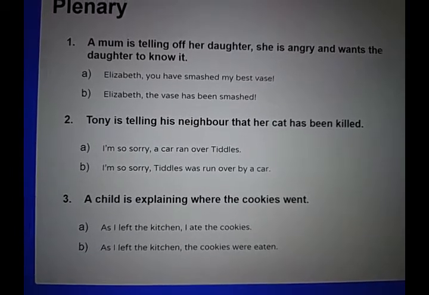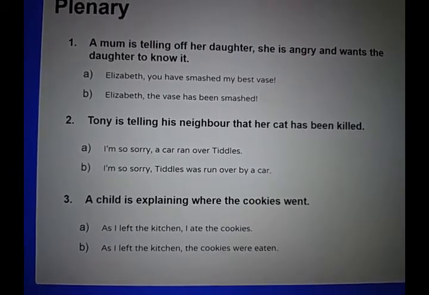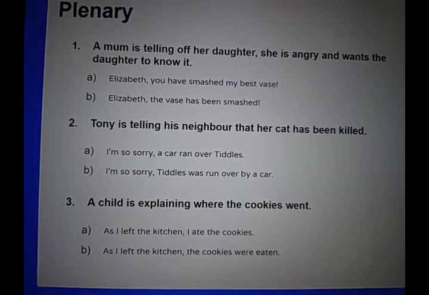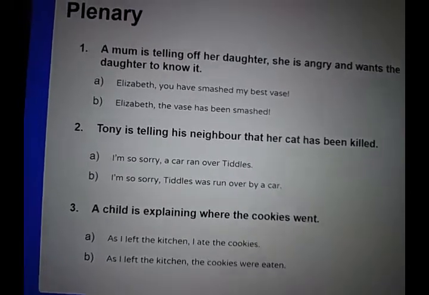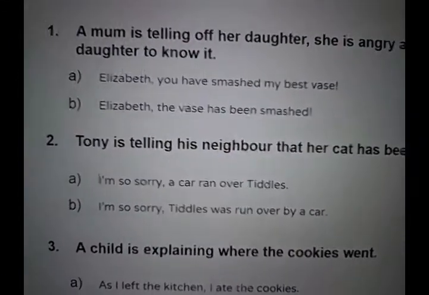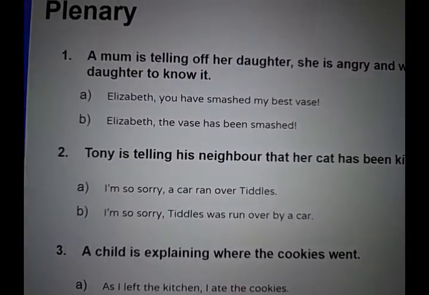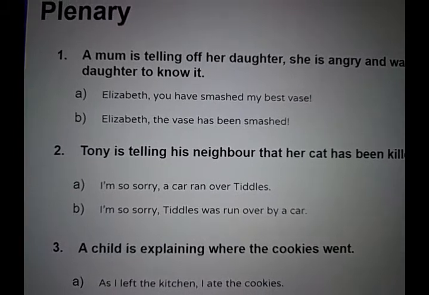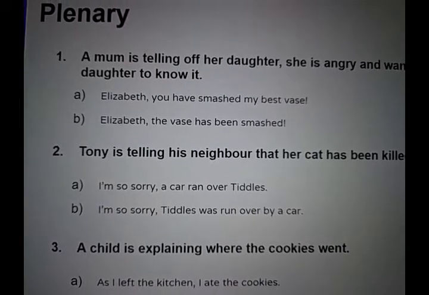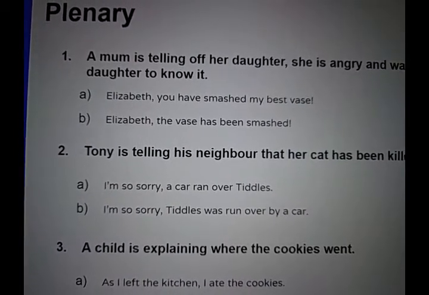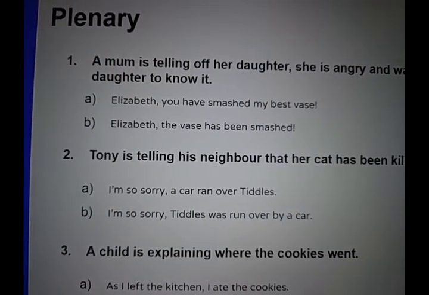Elizabeth, you have smashed my best vase. Elizabeth, the vase has been smashed. Focus in there on she is angry and wants her daughter to know it. Which sentence makes it sound like the mum wants Elizabeth to know that she's angry? So the first one is active.